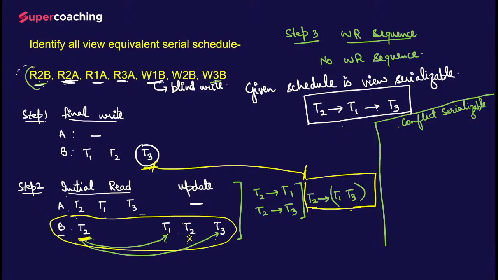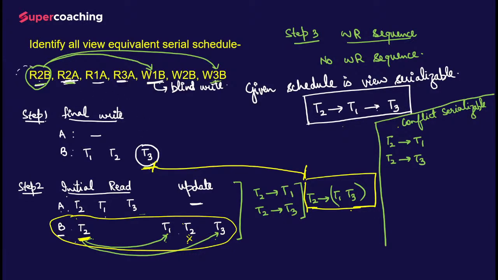This is a read operation. Is there any write operation on the transaction? Yes. This is a write operation, and T2 to T3 is also there. So we are getting two conflict pairs, T2 to T1 and T2 to T3, right? Check for the next one.